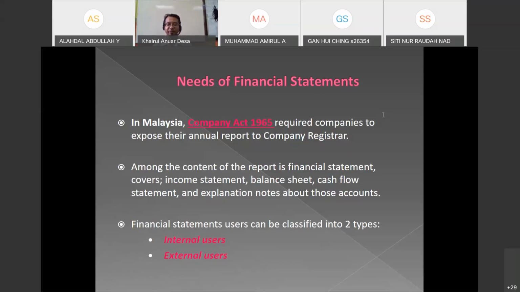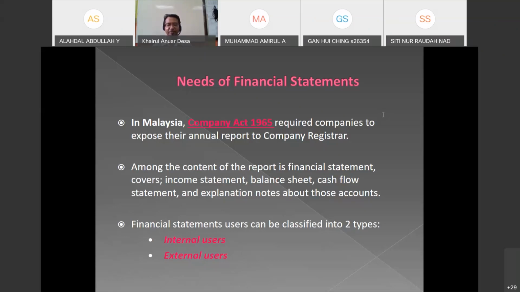Very close with you. Yes, supplier also external users, potential supplier. Atau tadi kalau internal users is existing or current supplier. Very close with you. Come on guys. Pagi lagi ni.